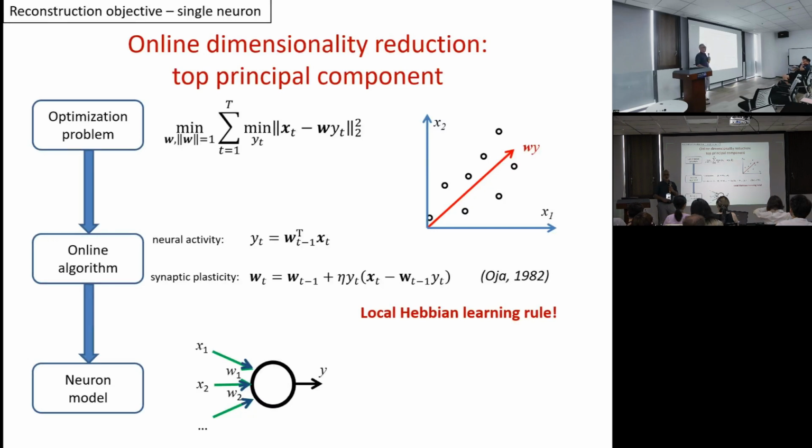So this is the Hebbian plasticity in Oja's rendition that provides experimental support for this kind of framework.